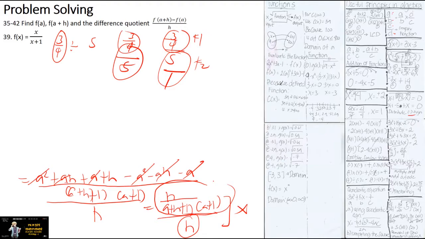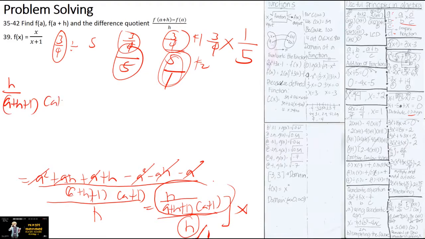So ganun din ang gagawin natin dito. That will be, lalagyan ko na ng 1, huwag na malilito, lalagyan ng 1 denominator na. So that will be h over a plus h plus 1 multiplied by yung 1 mapupunta sa numerator, yung h mapupunta sa denominator.